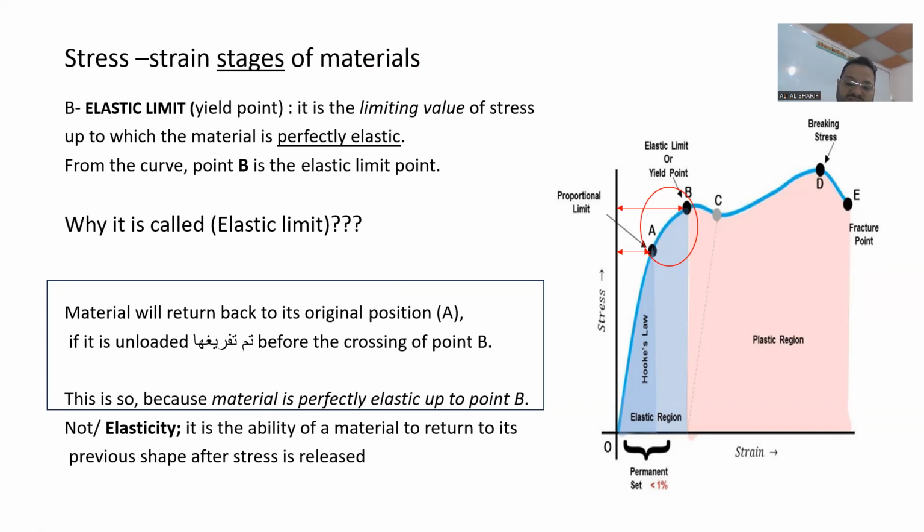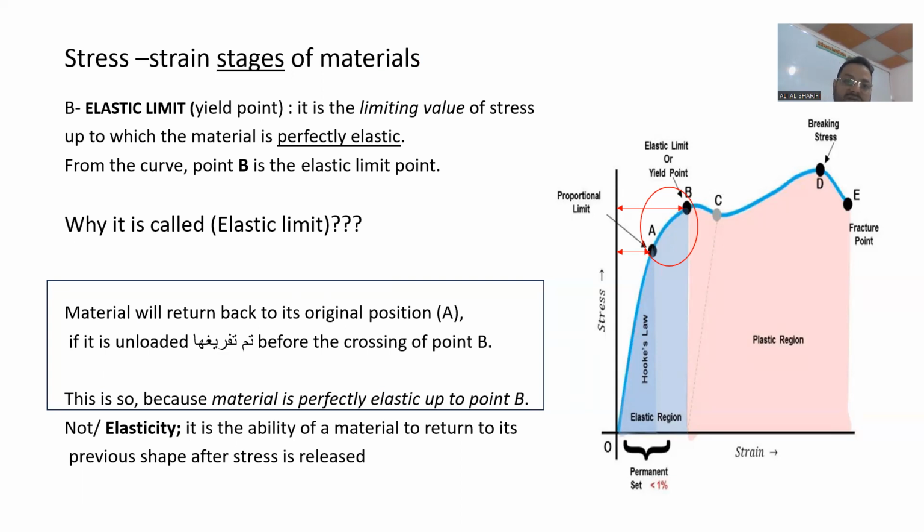That means we have the opportunity, when the load is removed, for the shape of this bar material to come back to its original shape. Elastic limit, or yield point, we can say, is the limiting value of stress up to which the material is perfectly elastic, like I said before, with the opportunity to come back to its original shape.